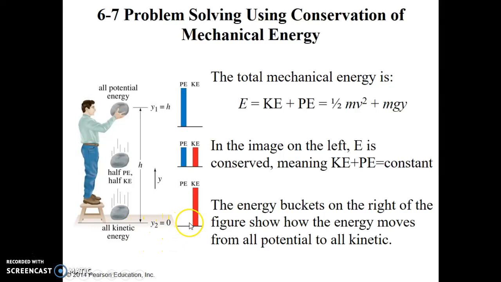There's no potential energy left. All of your energy has been converted to kinetic. And you have the same amount of kinetic energy at the floor as you had potential energy before you started. That's the beauty of the conservation of energy principle, is the total energy never changes.